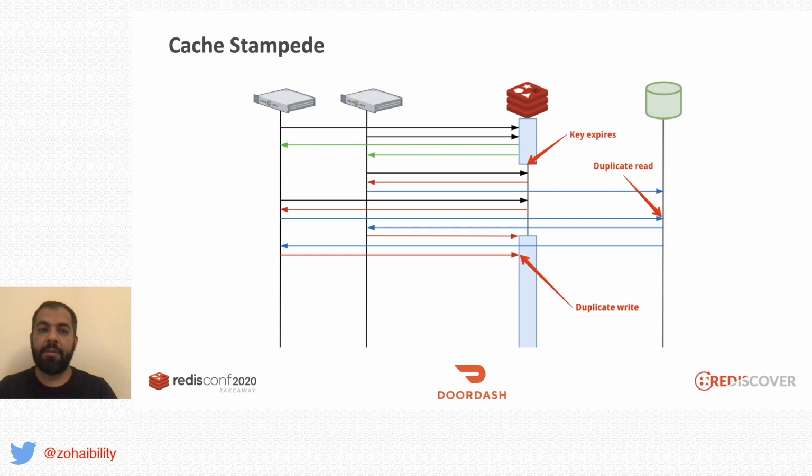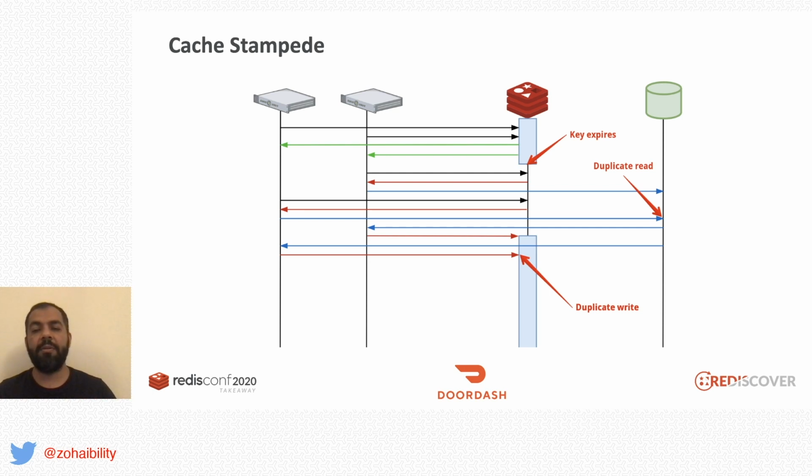But since servers are distributed and lots of requests are being served through these servers, the moment this key expires, all of these servers, at that very instant, are going to go to Redis and say, hey, give me that particular key that I was looking for. This could be anything. This could be your cached menu, your user info, your country code, anything at all.